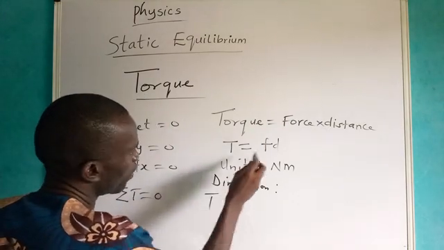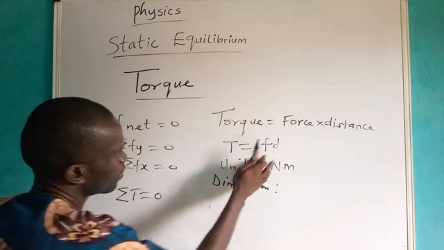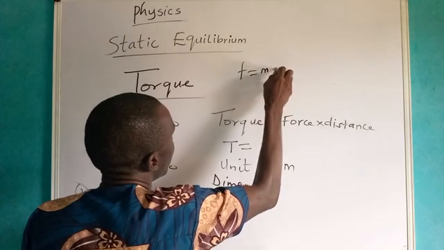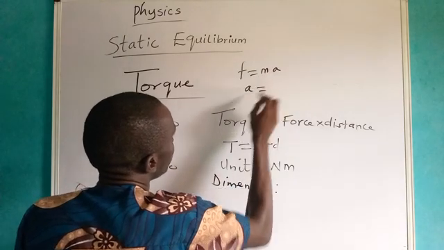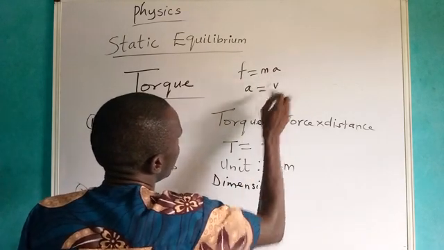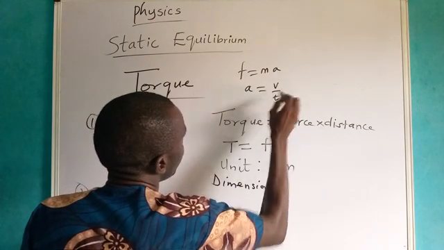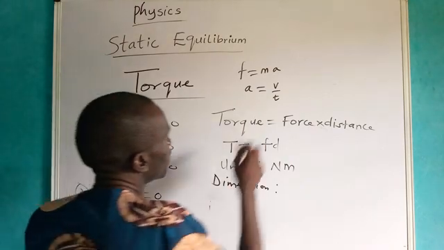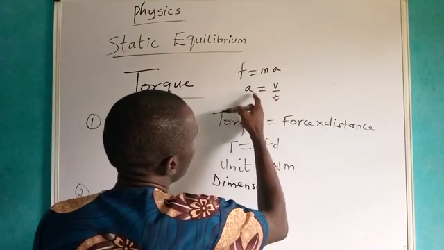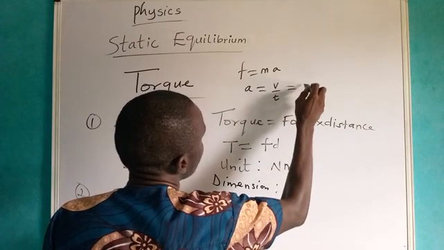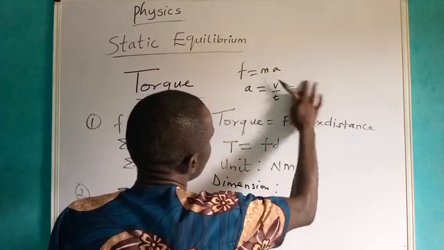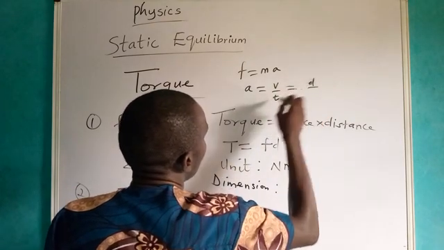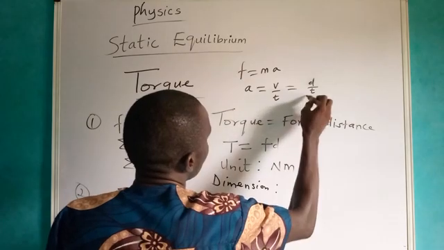Don't forget that torque is simply F times distance. The F there stands for force, which is equal to MA, and A is the change of velocity with time. You take note, change of velocity with time. Now I can determine the dimension for this one. Velocity is simply displacement over t, and we have another t again.